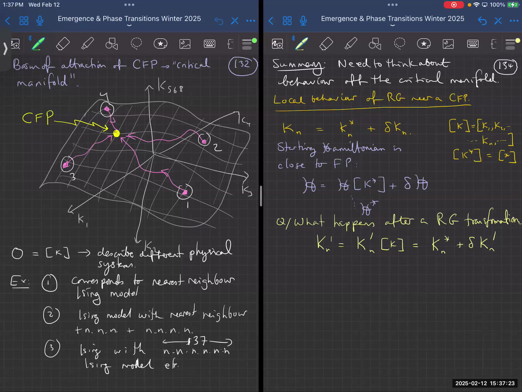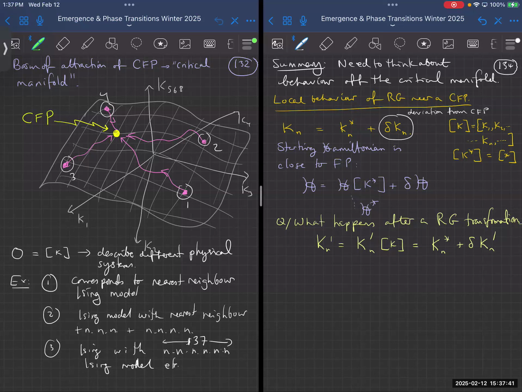So this is delta Kn up here. This is the deviation from my critical fixed point.